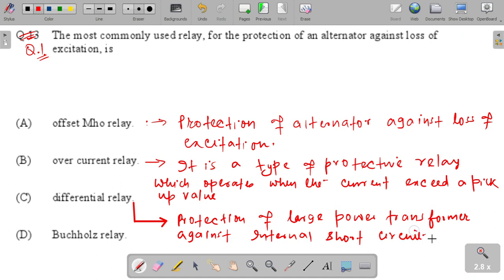The last one is the Buchholz relay. We know it is used for the protection of a transformer from internal fault.